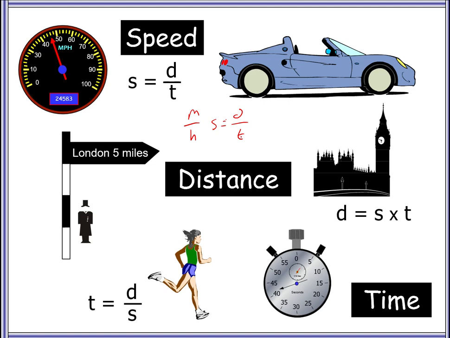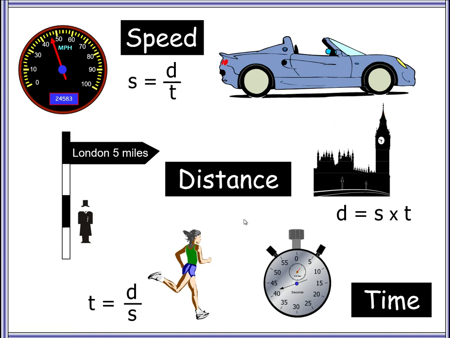So to find time, we swap it with S. So that implies then that time is equal to distance over speed, and to find distance, we bring time up next to speed, so distance is equal to speed times time. So as long as we know this formula, we can work out the other two. And remember, we used our units, miles per hour, to help us.